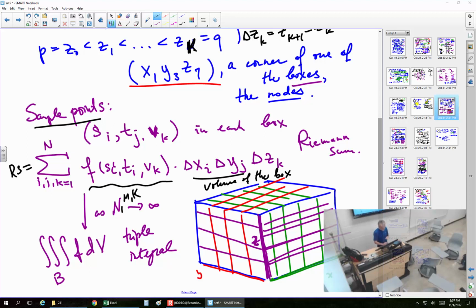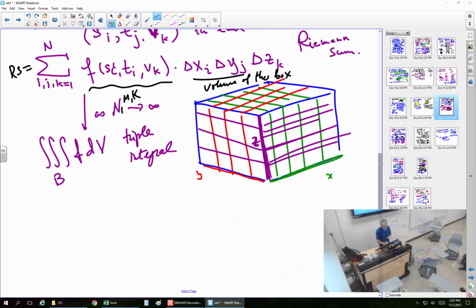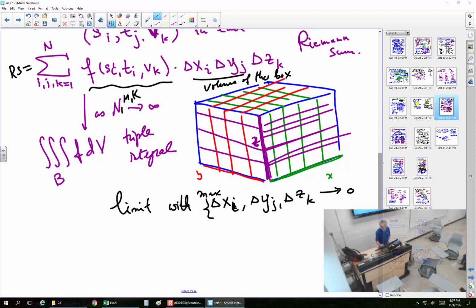So the limit is actually this: the limit with delta x_i, delta y_j, delta z_k all going towards 0. The maximum of these is called the mesh of the partition.